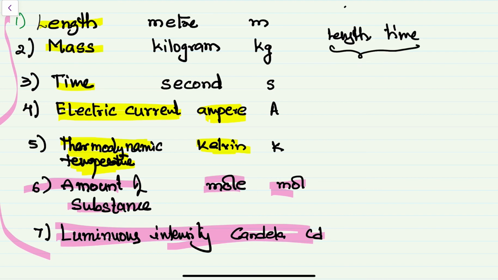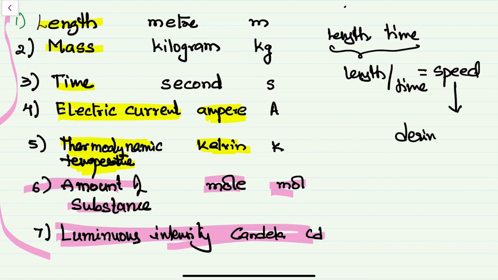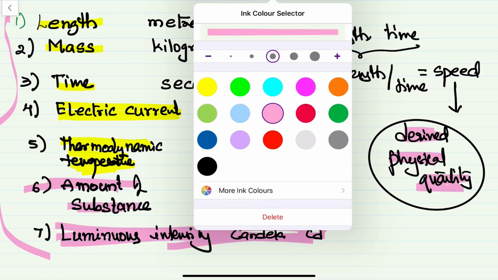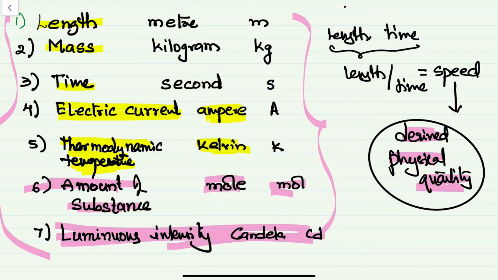In combination, length by time is called speed, and this is a derived physical quantity. We will see many derived physical quantities in combination of these 7.